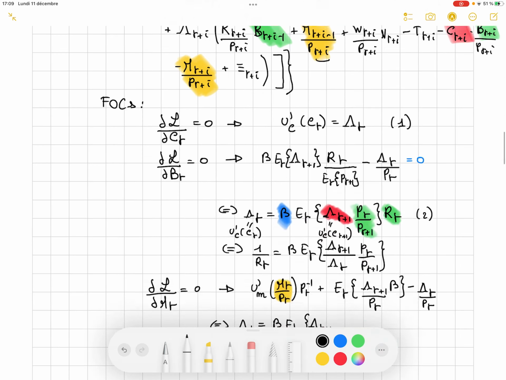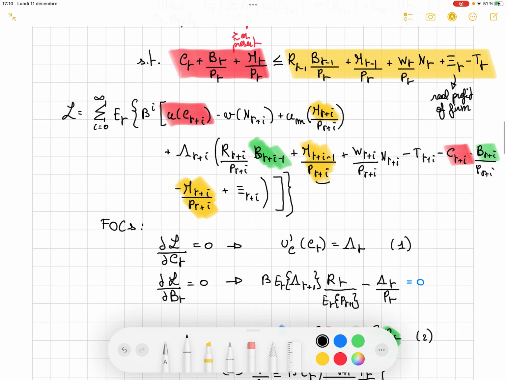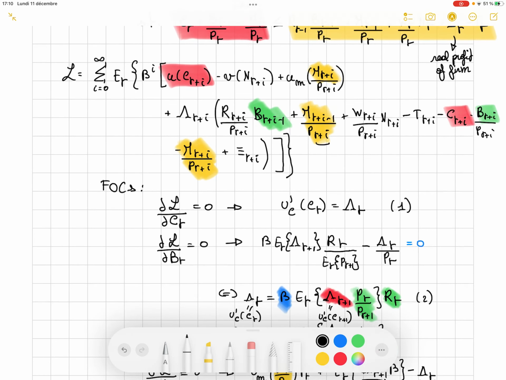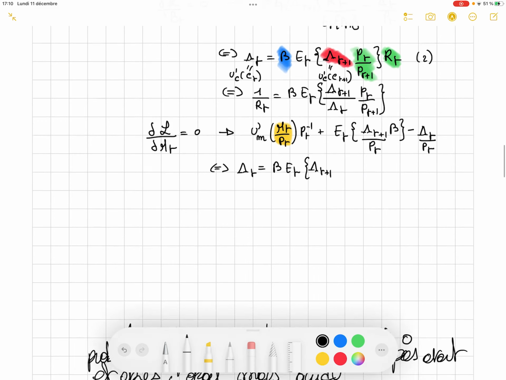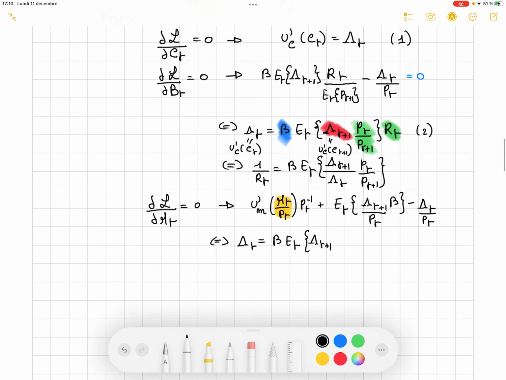I forgot that here it is, of course, P_t plus 1. Sorry for this small typo, but here actually it's divided by P_t plus 1.